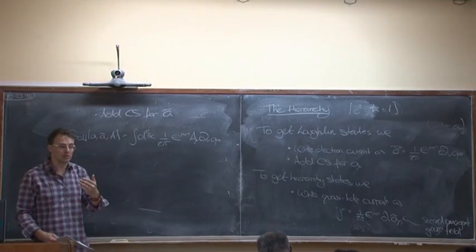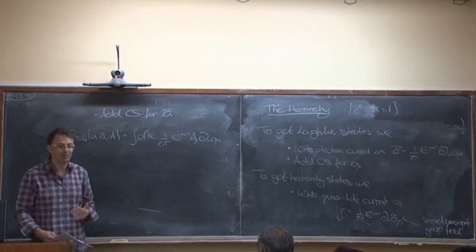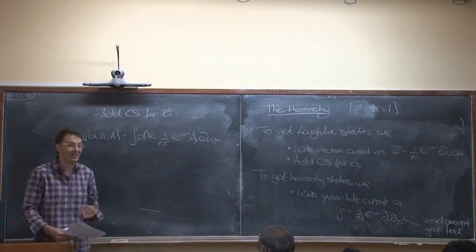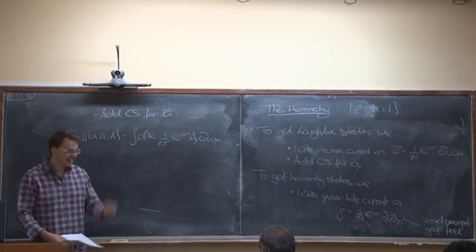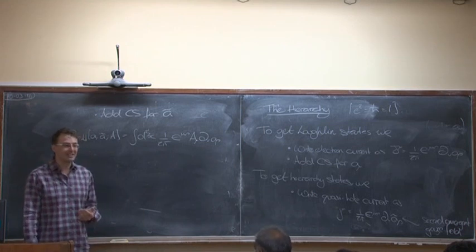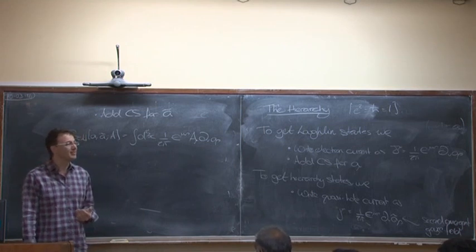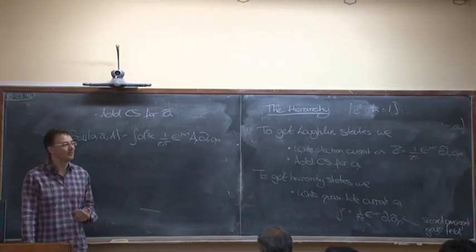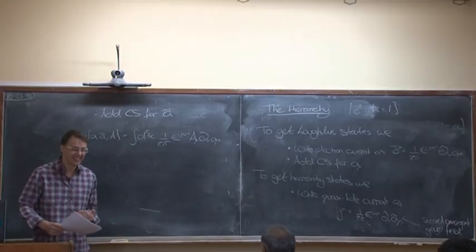So that's what's called the HLR, Halperin-Lee-Read. Keep reading. There's something called the Read-Rezayi wave function, which is very important, and there's something called the Rezayi-Read wave function, which is also very important.